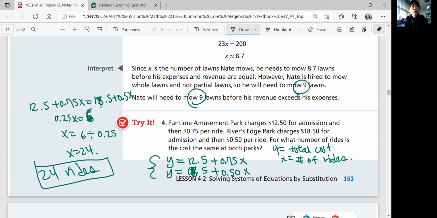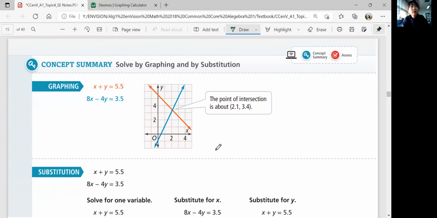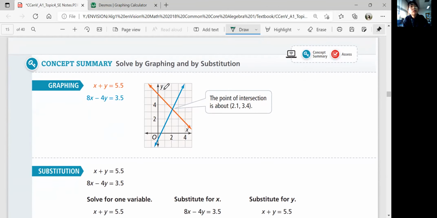Okay. All right, let's summarize our lesson. Solve by graphing and by substitution. When you're graphing, you have a point that intersects both graphs. The point of intersection is going to be your solution.